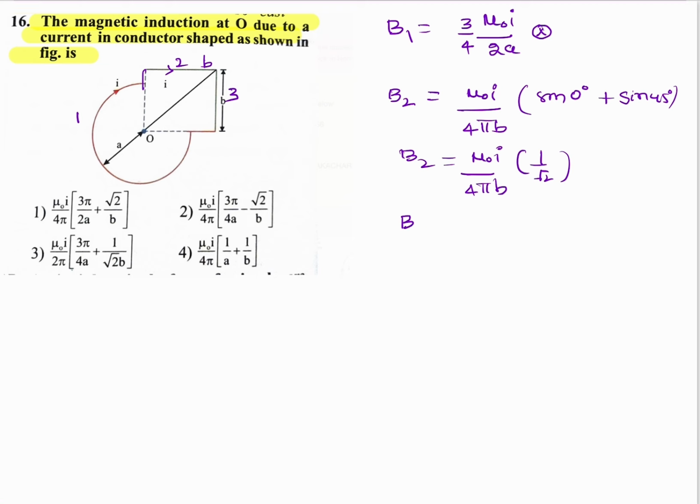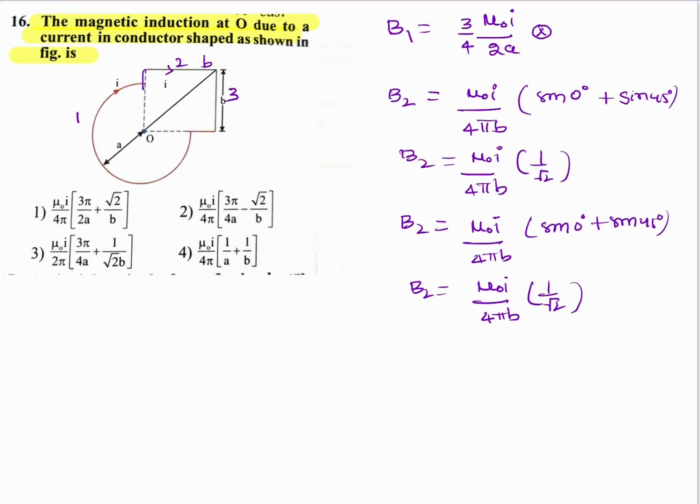For B3 also we will get the same, because this is 45 degrees and this is 0 degrees. So sine 0 plus sine 45, here also we get the same. So B3 equals mu naught I by 4 pi b times sine 0 plus sine 45, which is mu naught I by 4 pi b times 1 by root 2.